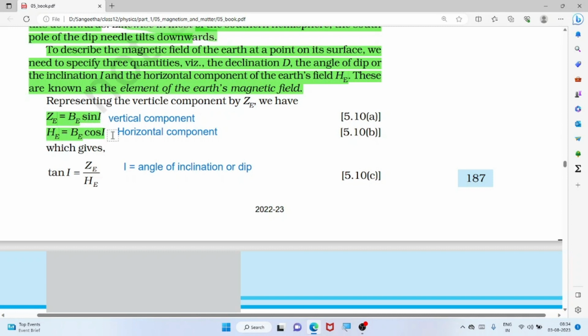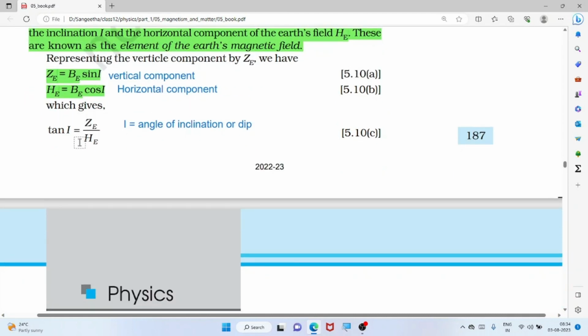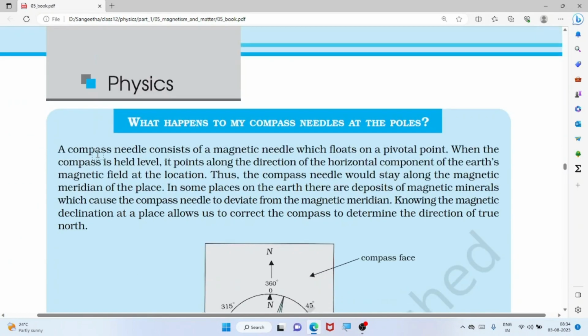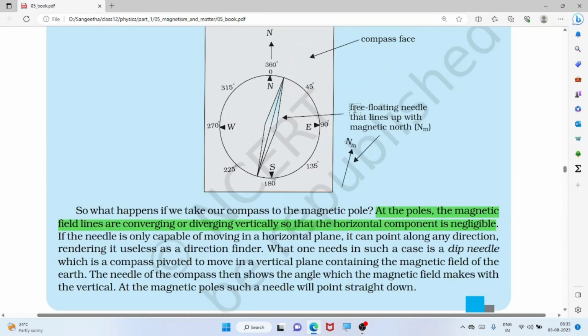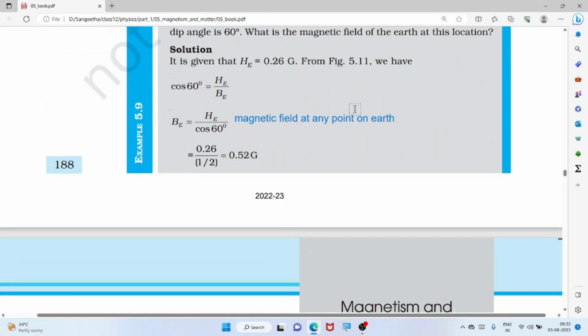Horizontal component is B cos I. So tan of the angle of dip equals the vertical component divided by the horizontal component. At the poles, the magnetic field lines are converging vertically, so the horizontal component is negligible.